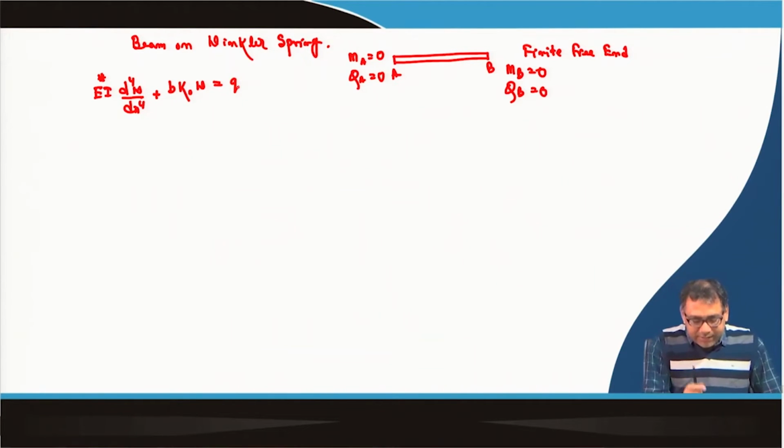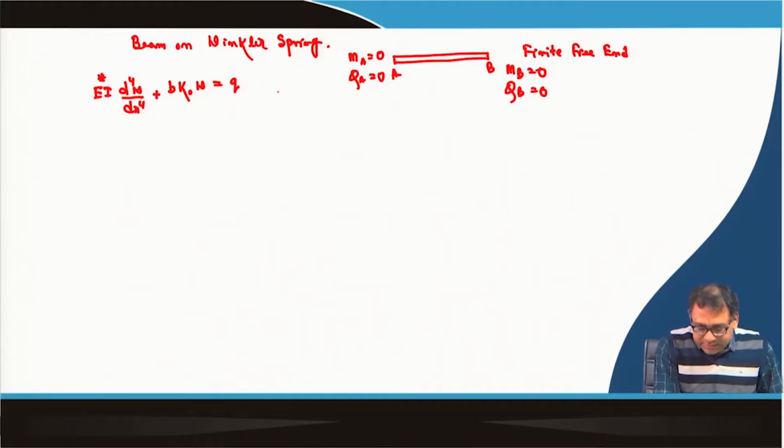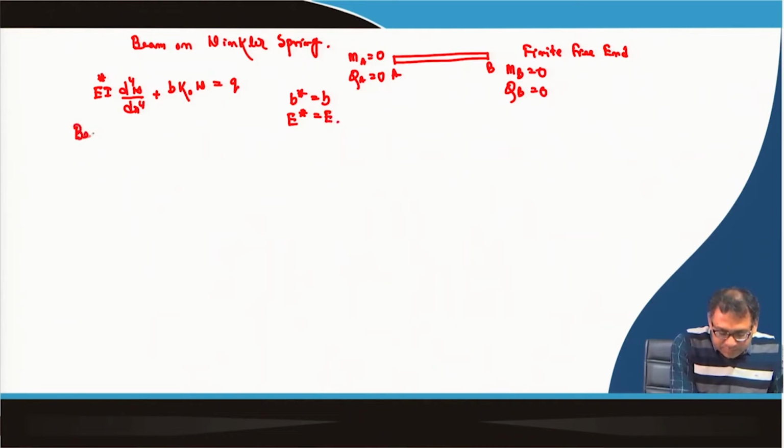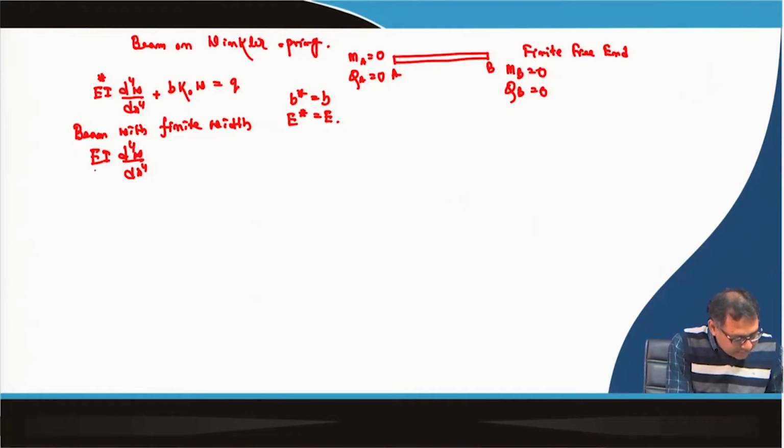Now, we are taking the beam with finite width, so my B dash will be equal to B and E dash will be equal to E. So, I can write this as E I d4w/dx4, and this one is plus B k0.